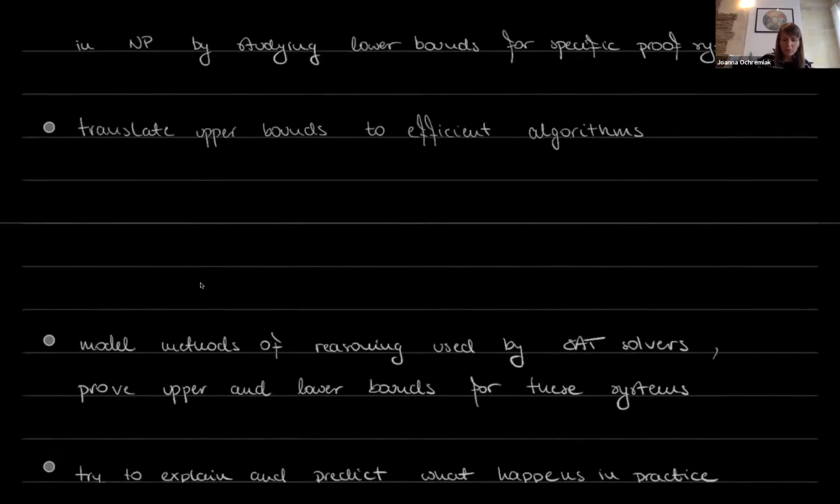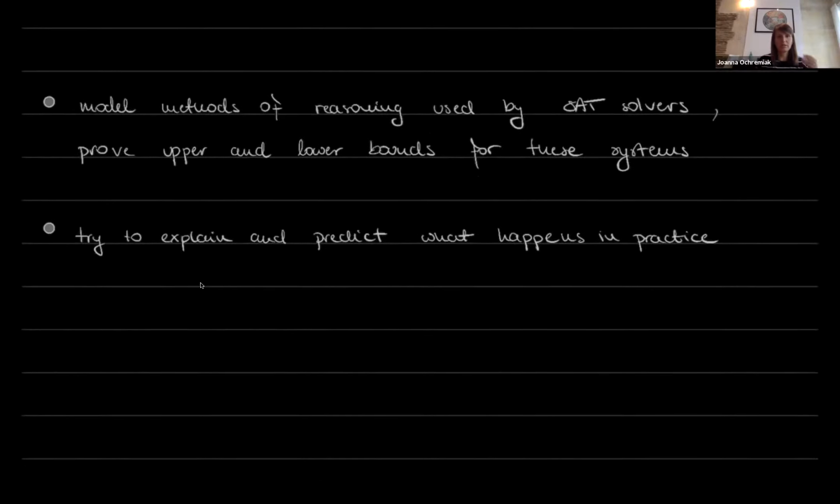And then there are some more practical motivations, related to the connection between proof complexity and SAT solvers. SAT solvers are based on proof systems, mostly on one proof system that I will focus on during most of my talk, called resolution. By analyzing resolution, we can prove upper and lower bounds.